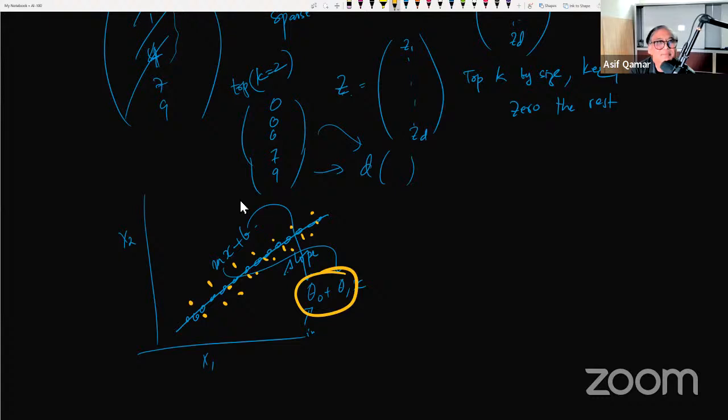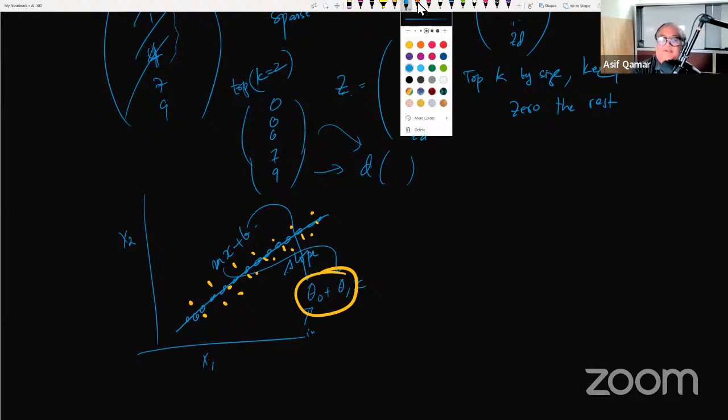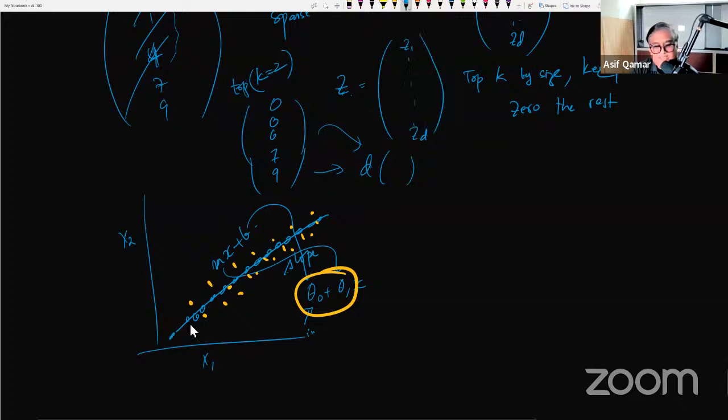If the machine finds this line, then it has modeled the surface of the data, which in this case happens to be just a line. If through backpropagation it learns that line, do you realize that it has solved the problem of denoising?